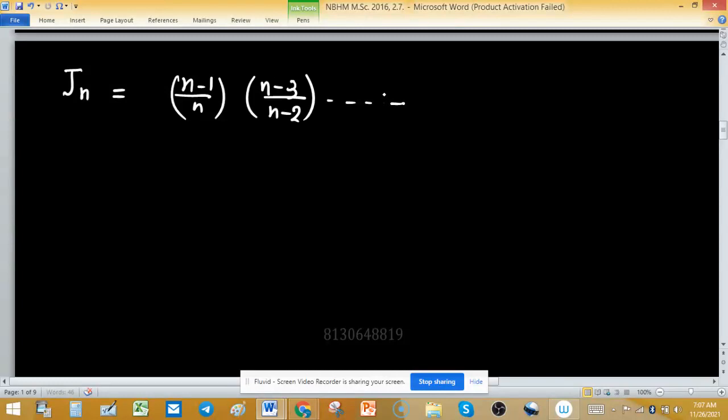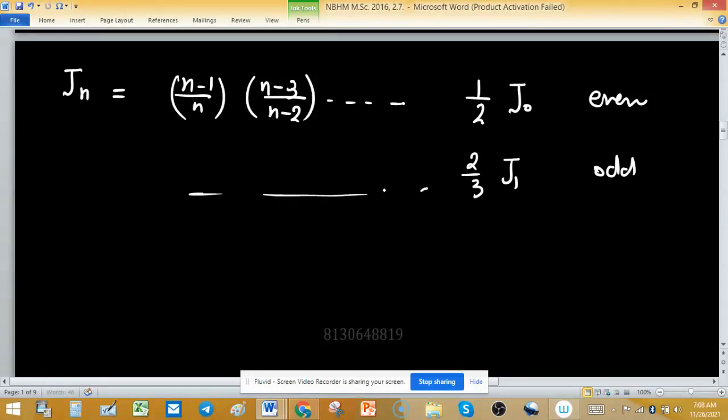So finally I can write Jn as (n-1)/n times (n-3)/(n-2), and so on, up to 1/2 J0 when n is even, and 2/3 J1 when n is odd.